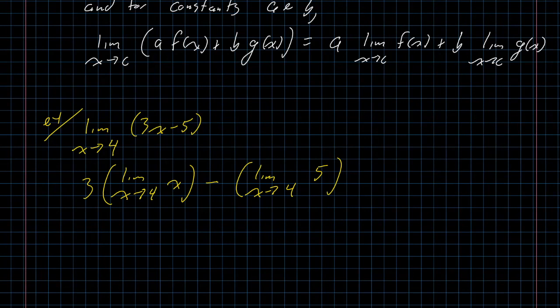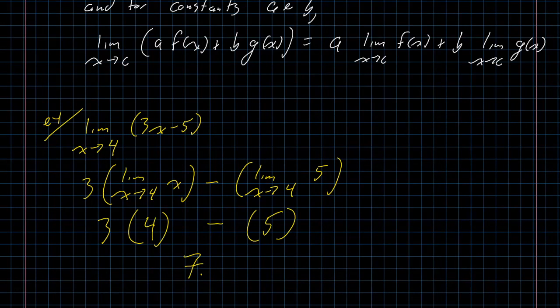The constant rule tells us that as x approaches anything evaluated on a constant function, we get back that constant. The x rule, or the identity rule, tells us that if we take the limit as x approaches anything of x, we get the thing we are approaching, 4 in this case. So we have 3 times 4, which is 12, and then 12 minus 5, which is 7.